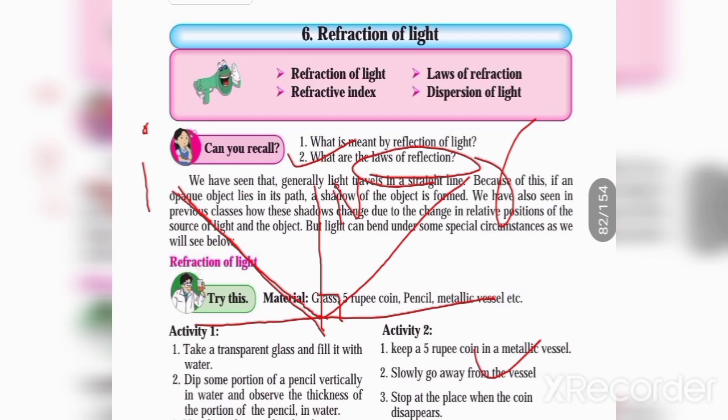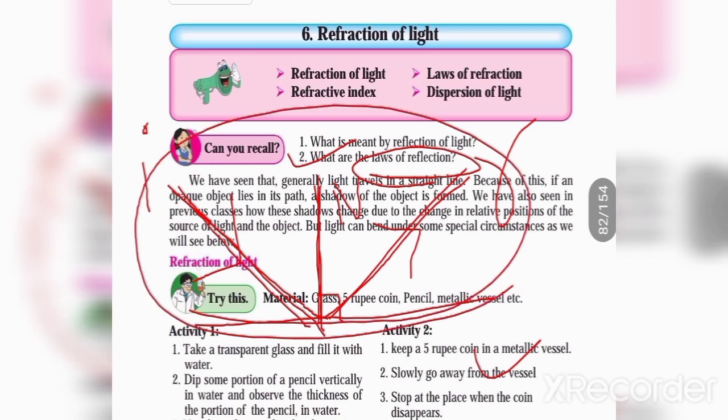That means this is the incident ray, this is the reflected ray, and this normal all lie in the same plane. Understand everyone? What is meant by the laws of reflection? It means the incident ray, the reflected ray and the normal all lie in the same plane. That is called the law of reflection.